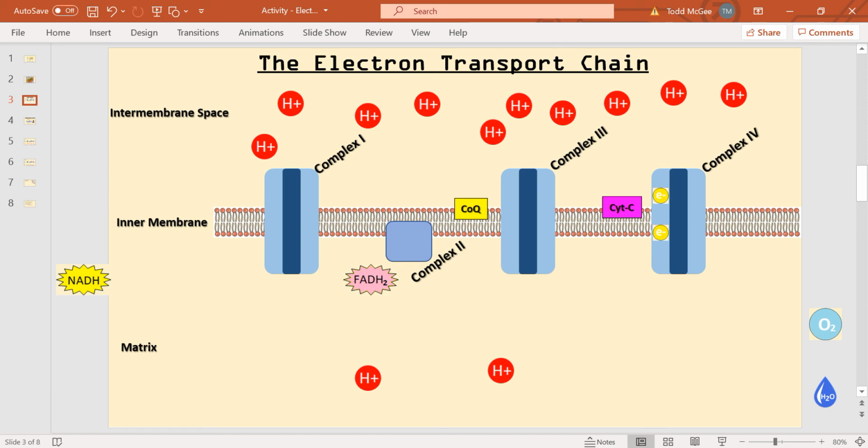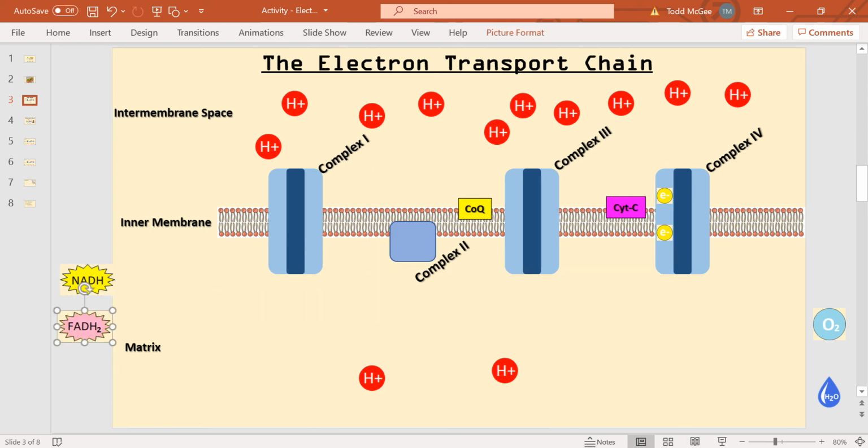At the end of the electron transport chain, what we've done is pile up all these hydrogens on one side, and we've created a gradient, kind of like osmosis, if you will, or kind of like diffusion. In fact, that's exactly what's going to happen, and we're going to see that in a little bit here.